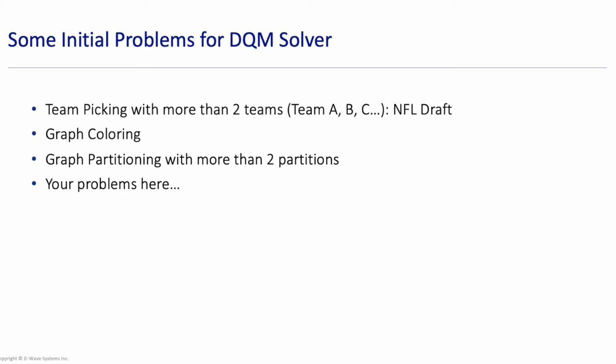So here's just a few initial thoughts of problems for the DQM solver. An initial one is team choosing, team picking, with more than 2 teams, where a player, for example, in the NFL draft or something, could end up on only one of many teams. And then consider something like graph coloring, where we want to assign a color to each particular node, and we don't want neighboring nodes to have the same color, but there may be more than one color option.